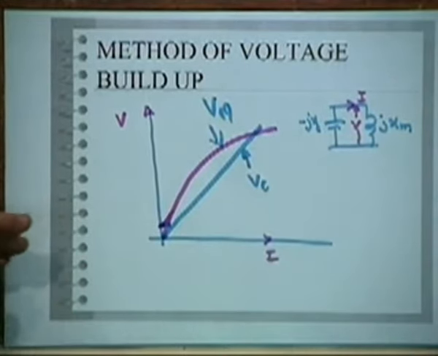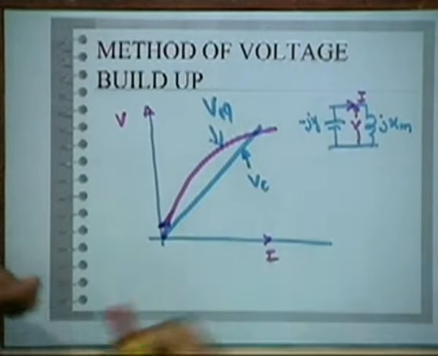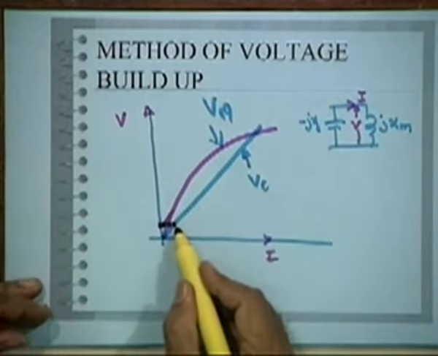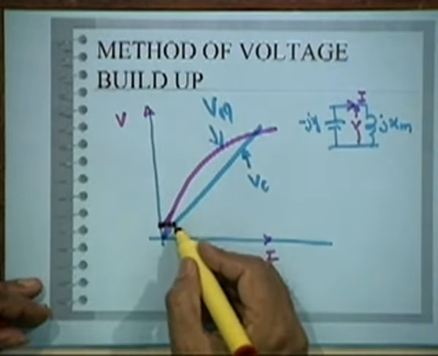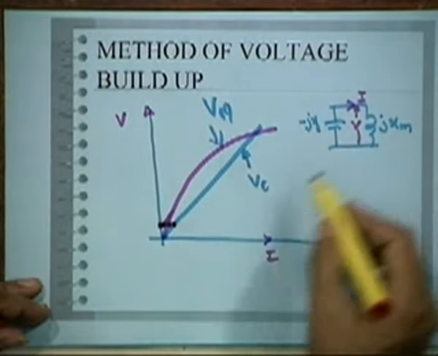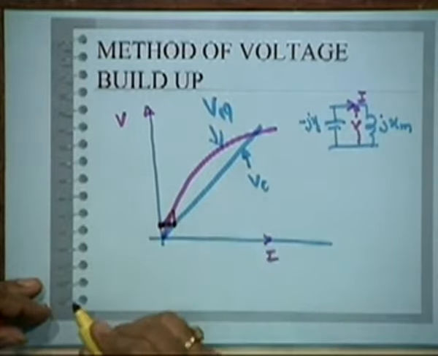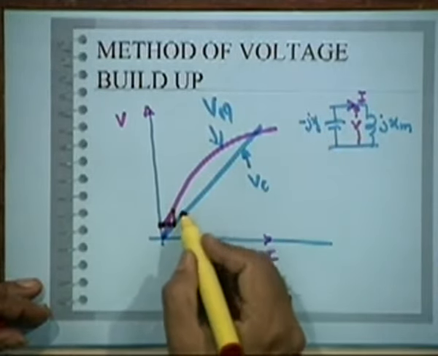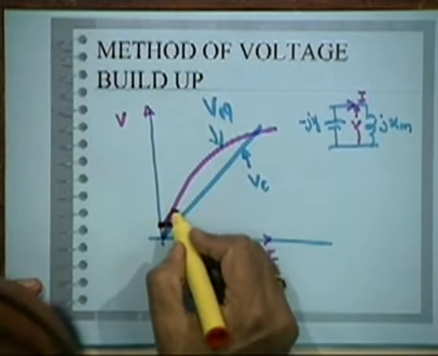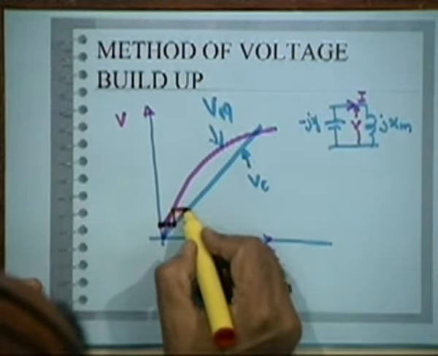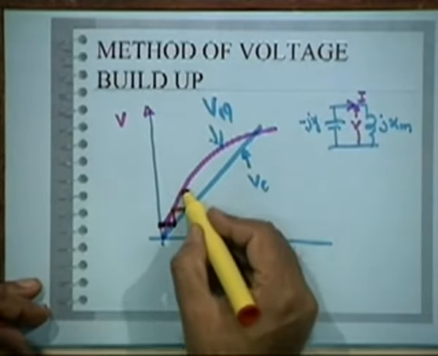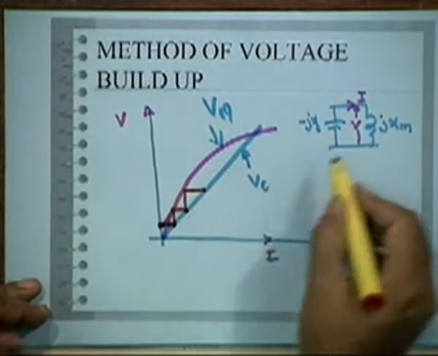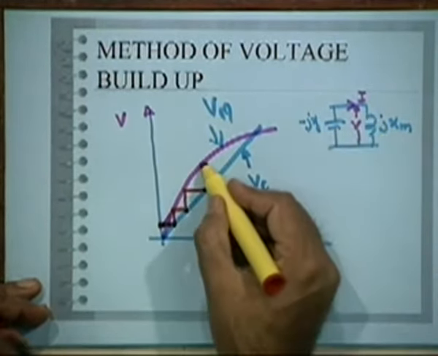And initially there will be a voltage, okay, and it will pass a current through the capacitor, and at that current there will be a voltage in the machine, and again for that voltage there will be again a current in the capacitor, and then a voltage in the machine. So there will always be some differential voltage in the loop, and it will go on like that.